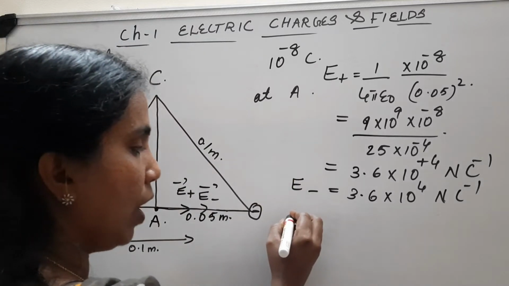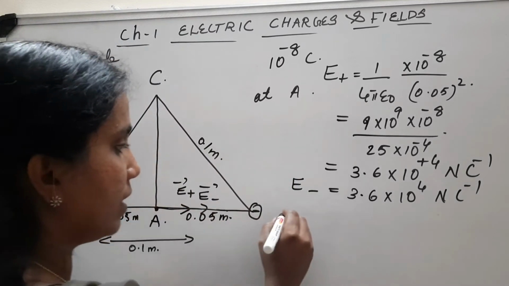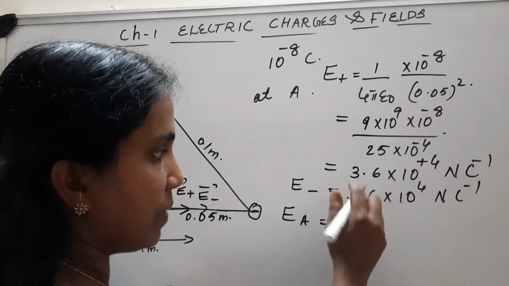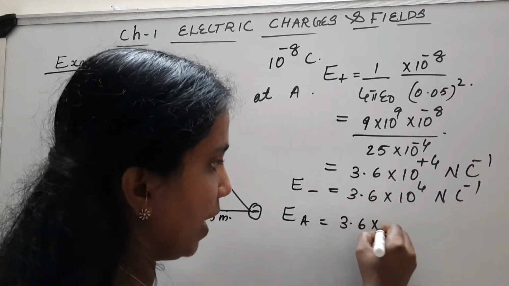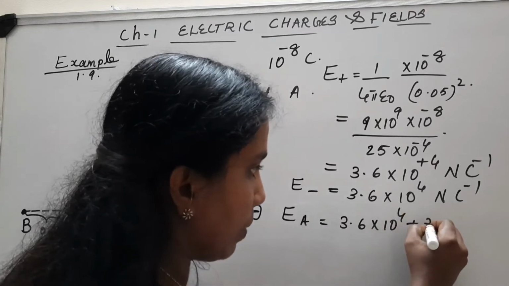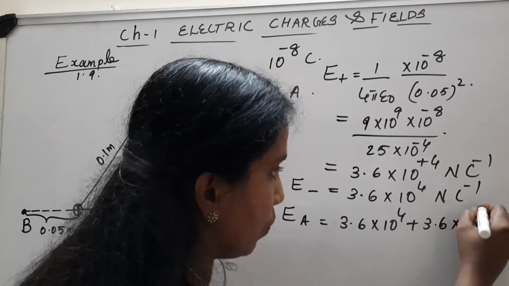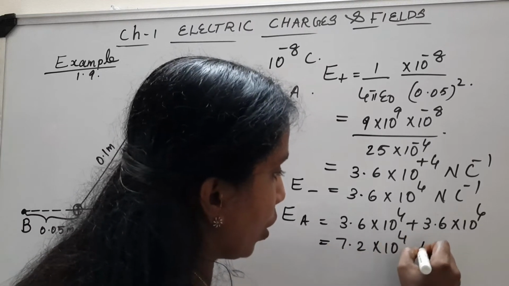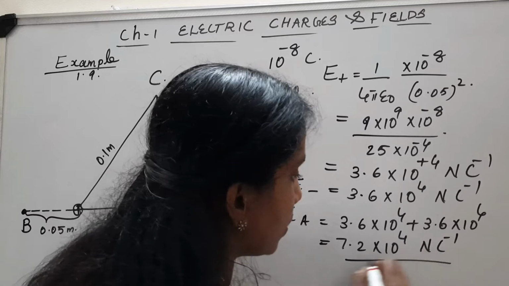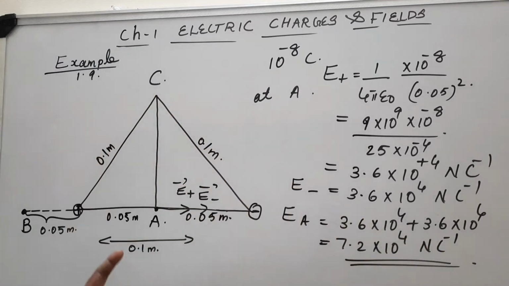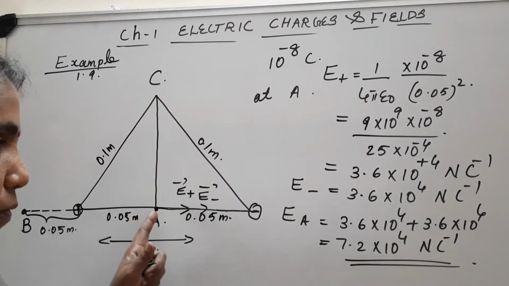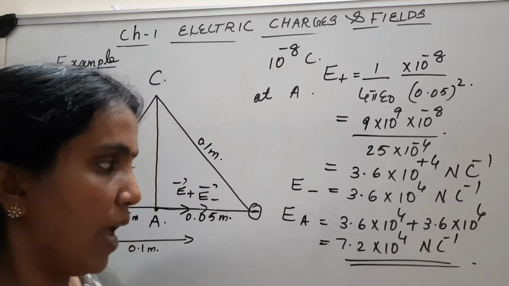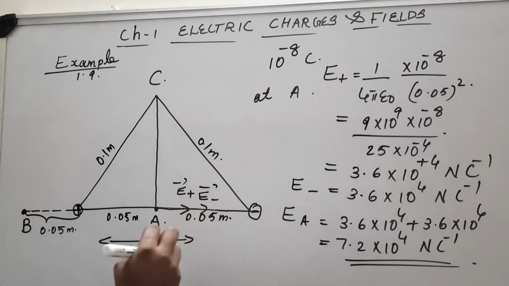So the magnitude of total field at A, that is EA, is twice this: 3.6 into 10 raised to 4 plus 3.6 into 10 raised to 4. So it will be 7.2 into 10 raised to 4 Newton per coulomb. This is the answer to the first part.